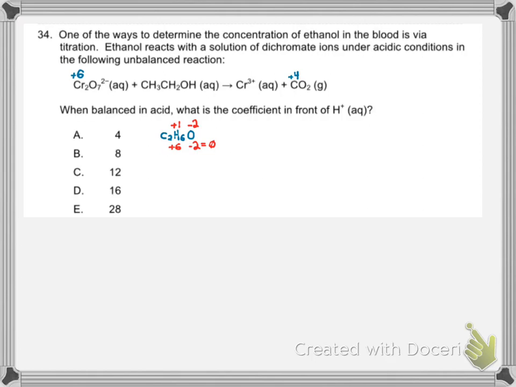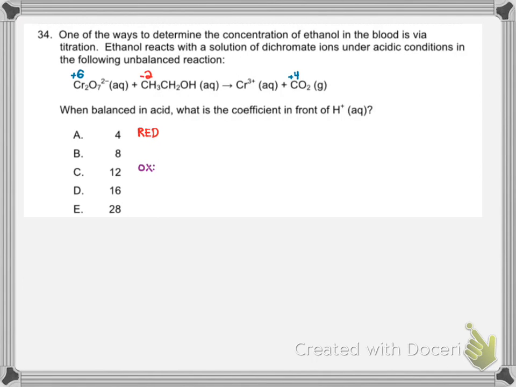So that means that carbon here must be in its -4 total, because -4 plus 6 plus -2 equals 0. And since there's 2 carbons, we're going to divide that by 2 to get the oxidation state on carbon individually, which is -2.